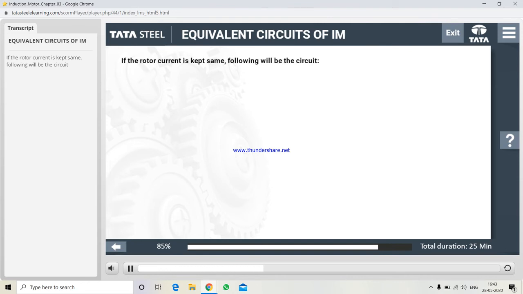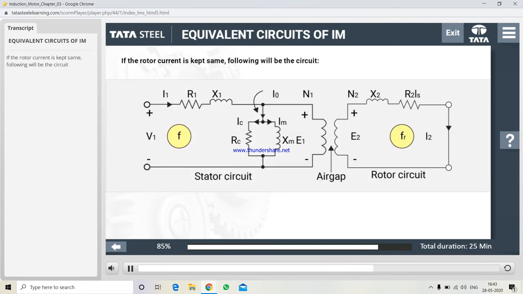If the rotor current is kept same, following will be the circuit. Click Next to continue.